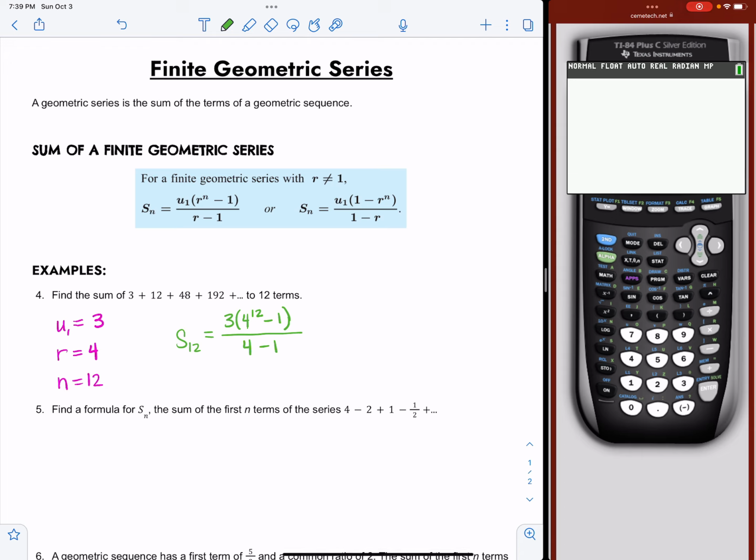We can substitute that into the calculator exactly how it is written. So 3 times 4 to the power of 12 minus 1, divided by 4 minus 1. And we end up getting 16,777,215. So that is what we got.